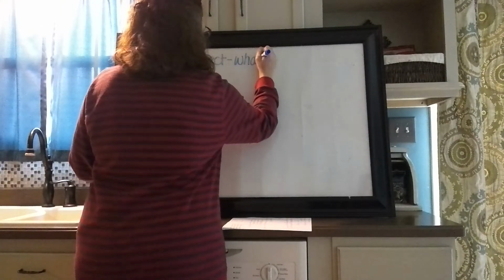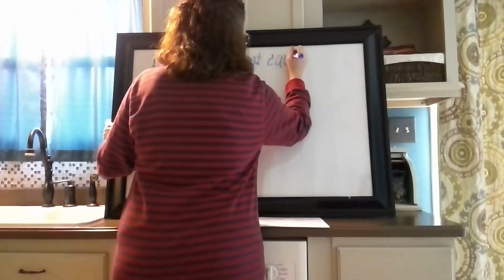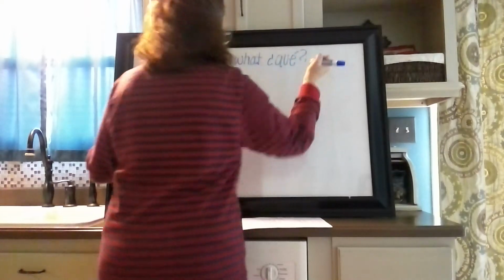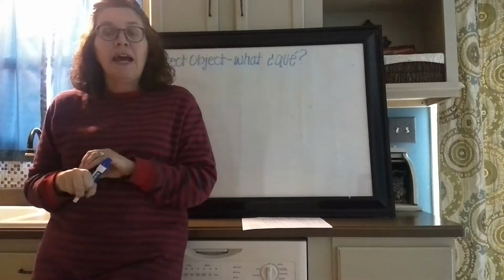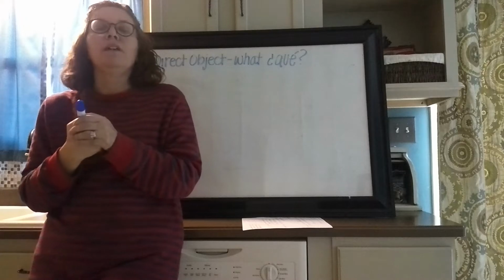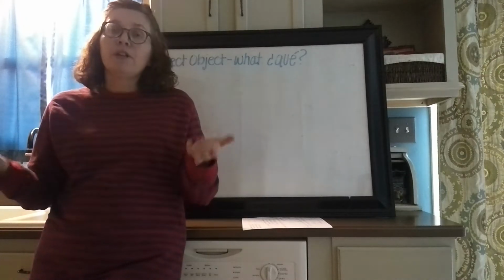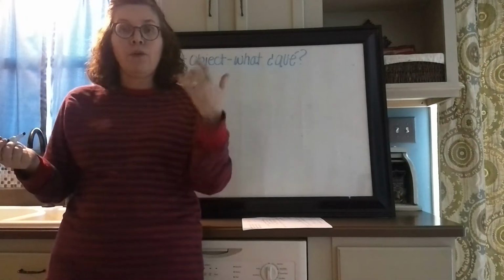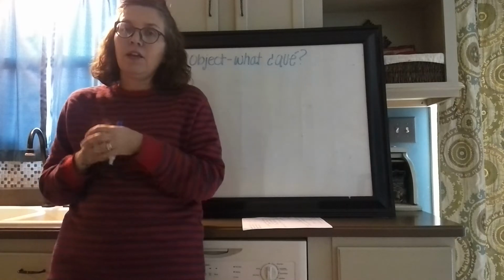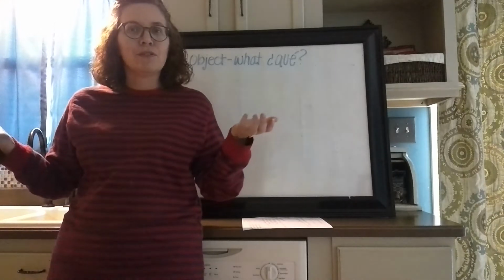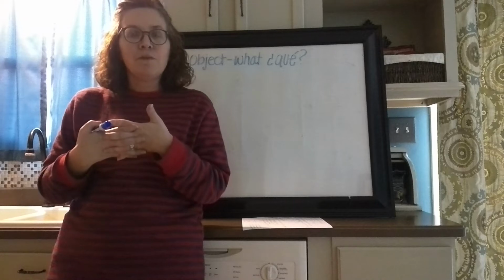Or en español, ¿qué? What receives the action, the direct action of a verb? For example, if I throw a pencil, what did I throw? Right, a pencil. That is my direct object.